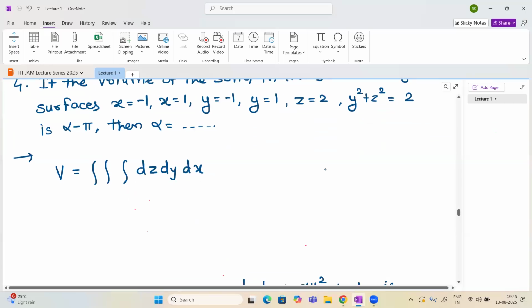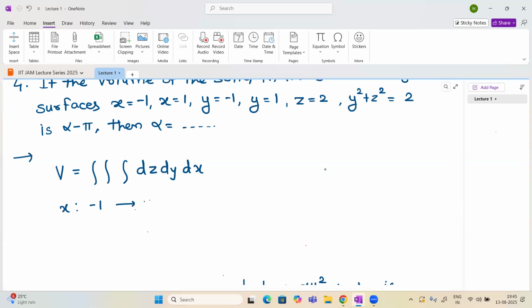They have directly given the limits of x: minus 1 to 1. Limits of y: minus 1 to 1. But we are confused about z.